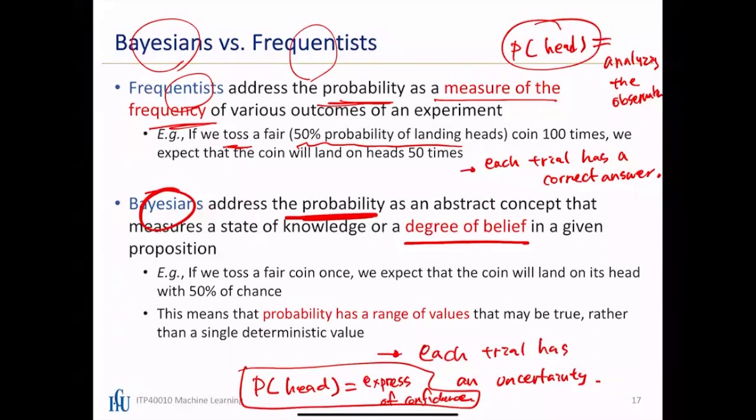There is an answer, and it could be only 100% or 0%, but I simply don't know it. Frequentists observe 1,000 or 100,000 different cases and use statistics to summarize the observation. Bayesians observe those trials or experiments and try to model the uncertainty towards each single trial. So these two are different approaches and different perspectives towards probability.